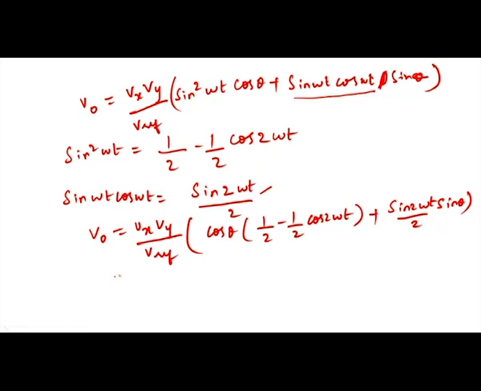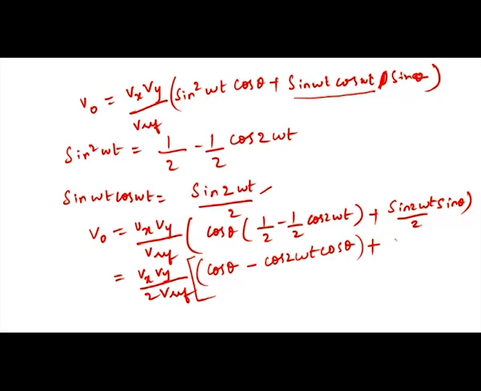Now take 2 outside: Vx Vy by 2 V reference, and multiply this cos theta inside: cos theta minus cos 2 omega t cos theta, plus sin theta sin 2 omega t.